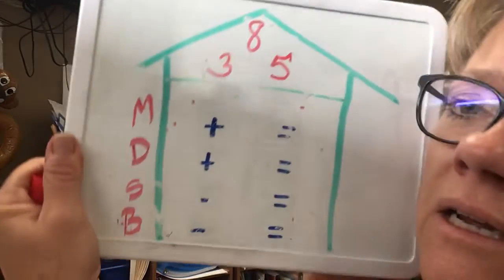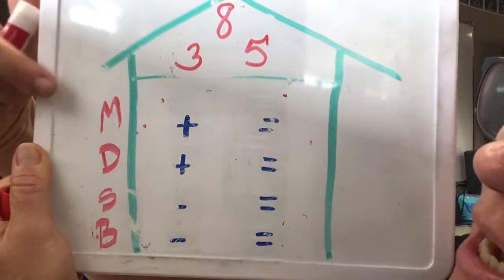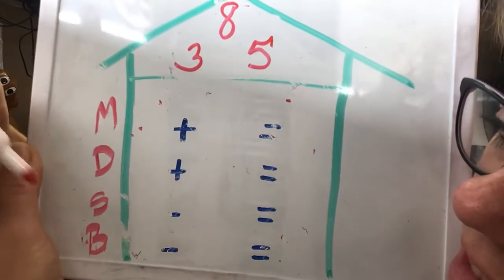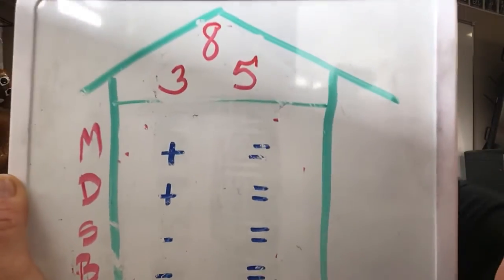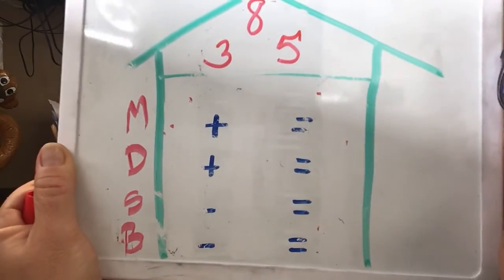All right? So you can make your house. You need a mom sentence, a dad sentence, a sister sentence, and a brother sentence. And you can only use these 3 numbers. Go.